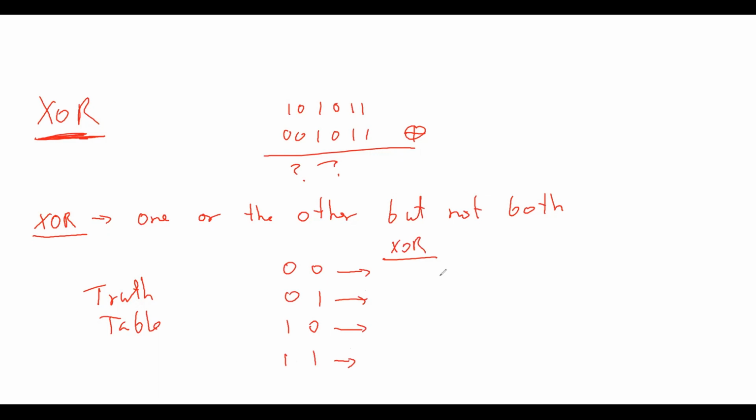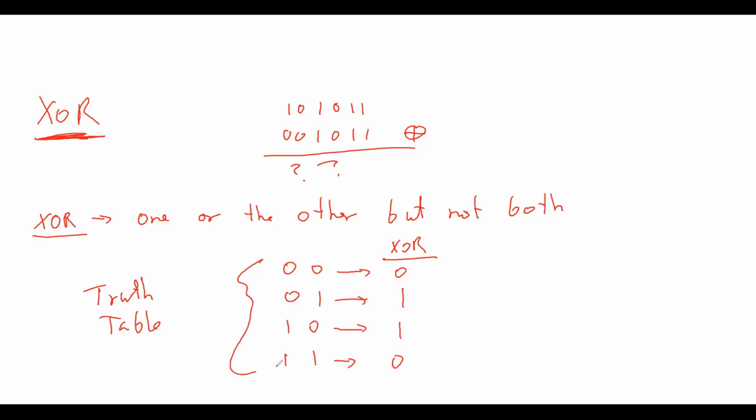So that means it's going to be 1 here, and 1 here, but here we have both, and here we have both, so 0 and 0. If both are the same, it's 0. Otherwise, it's 1. That's our truth table for the XOR operation.